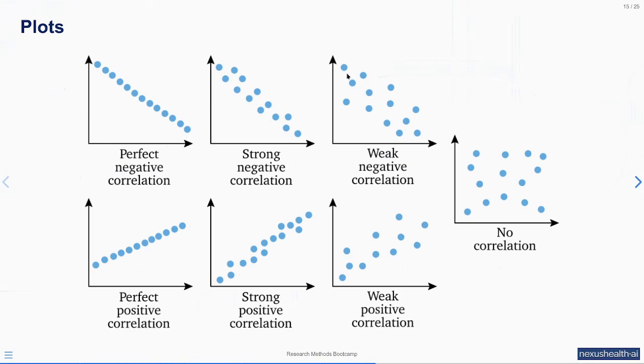And for weak correlation, there is more dispersion. Same here for weak positive. So you find that the points are much more dispersed. And for no correlation at all, it's all scattered with no pattern discernible. And so visually we can plot and have an idea of whether the correlation is present or not present.